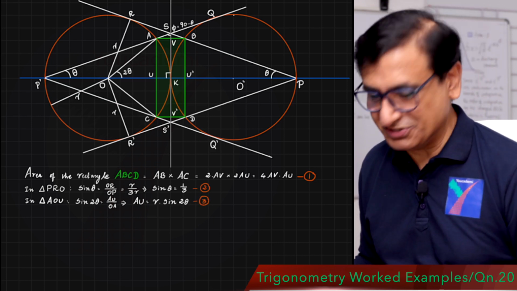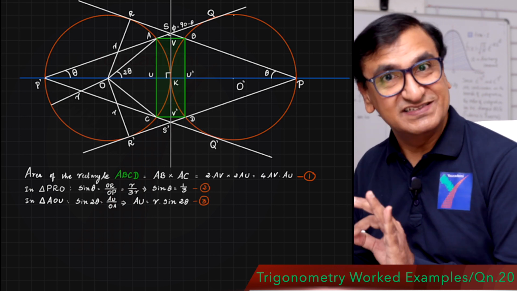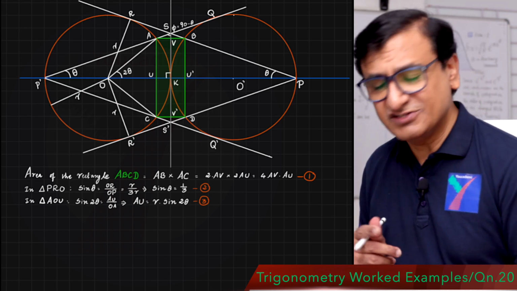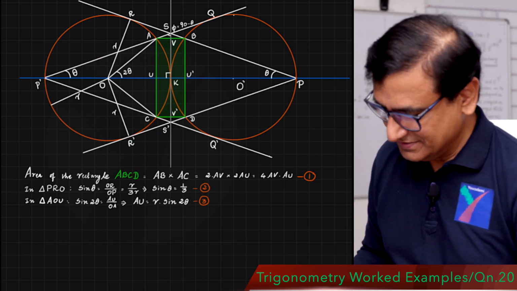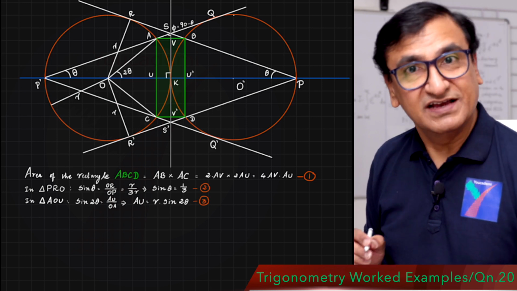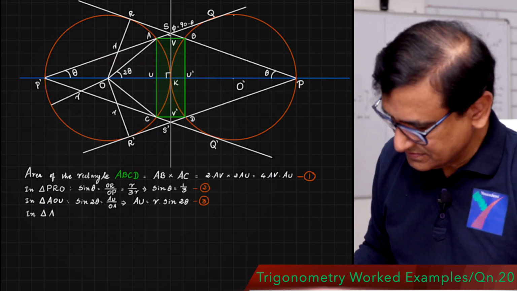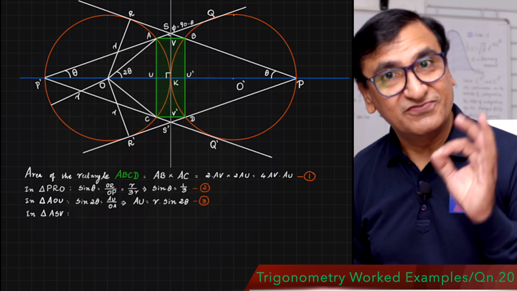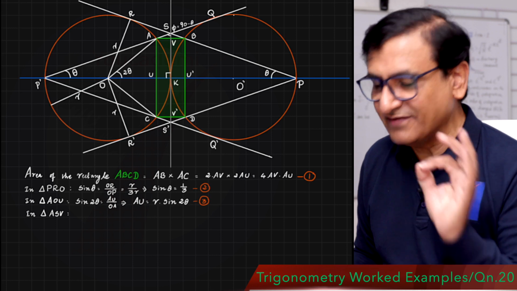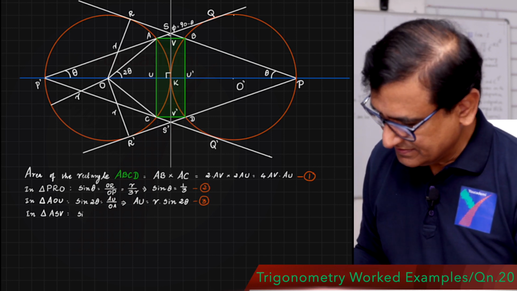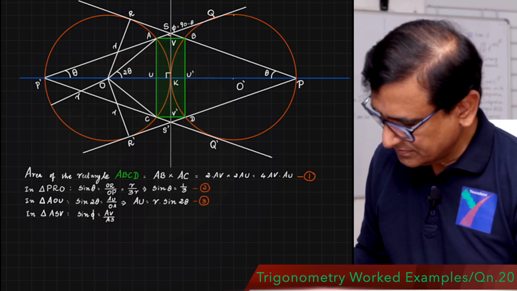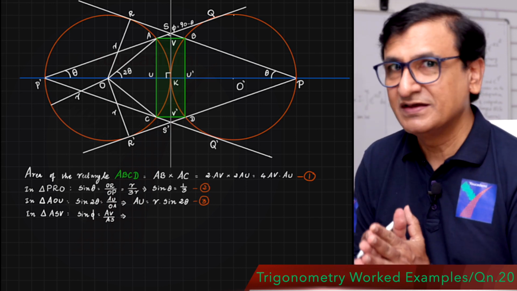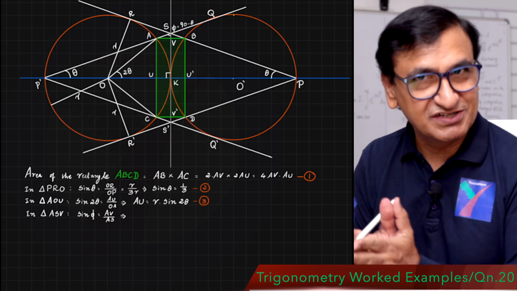So, in our area calculation, we have one side, that is AU, known now. Next, we are going to set about calculating the length AV. Let's look at the triangle ASV. Sine phi will be equal to AV divided by AS, which implies AV equals AS sine phi, whereas phi is 90 minus theta.